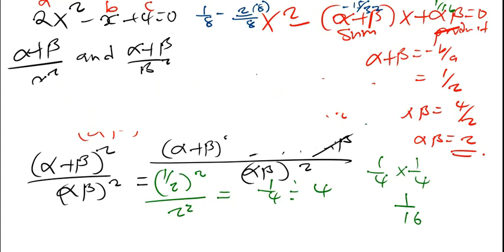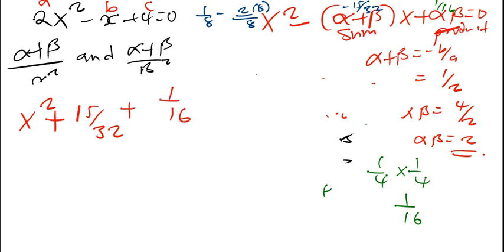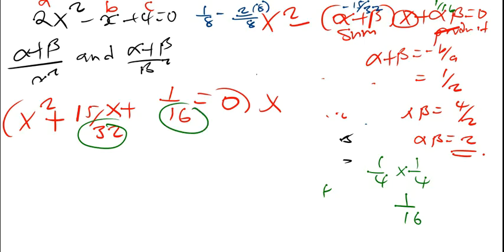Using that, I can now go ahead and write my equation. So x squared minus, open brackets, alpha plus beta is -15 over 32. So now negative and negative will cancel. It will give me plus 15 over 32 x plus 1 over 16. But there is x here, don't forget to put x there. Should be equal to 0. We don't leave our equation like that. Multiply by the number that is big on the denominator, which is 32.